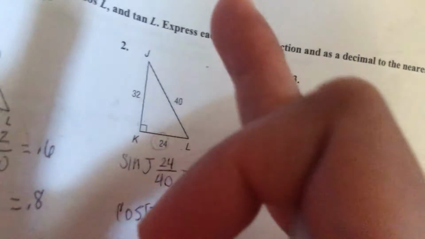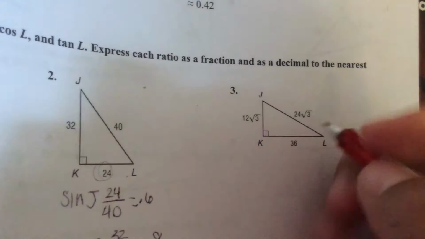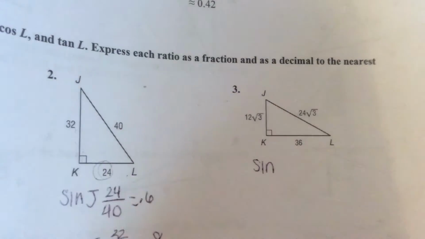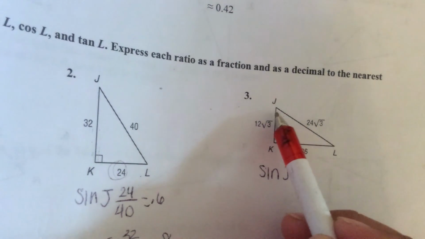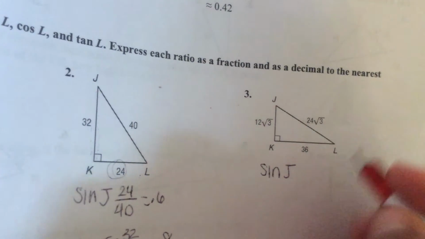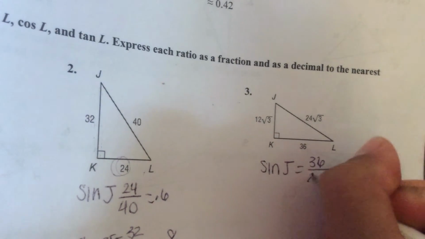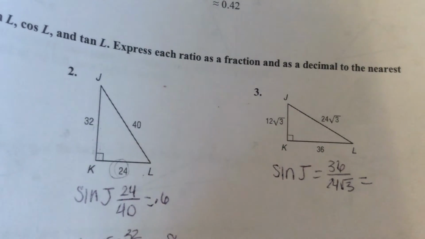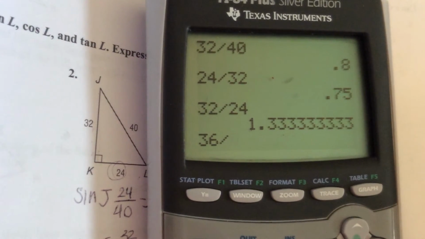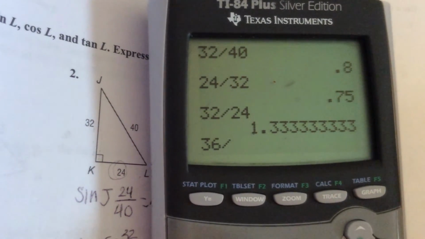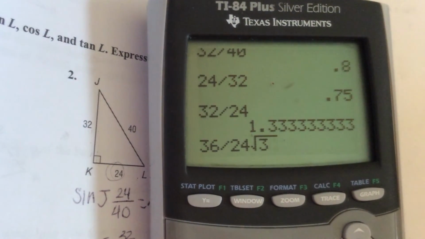Number 3. The sine of J, looking at J, opposite over hypotenuse, gives us 36 over 24 square roots of 3. 36 over 24 square roots of 3.